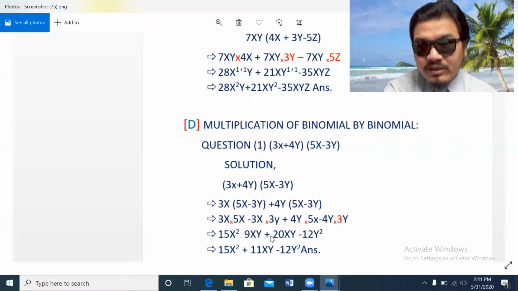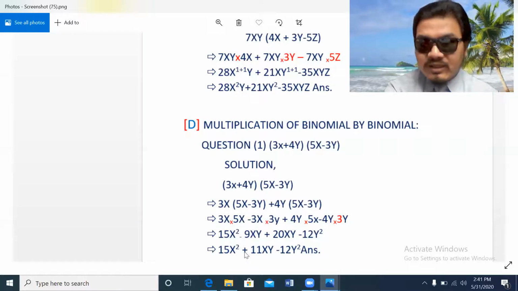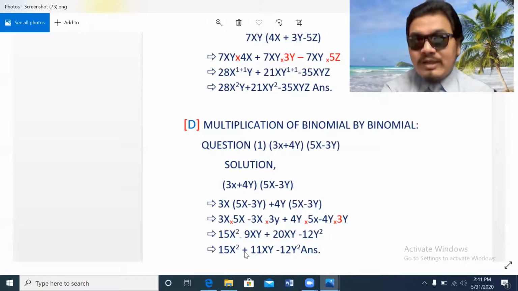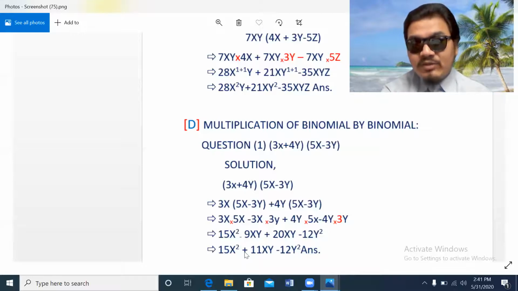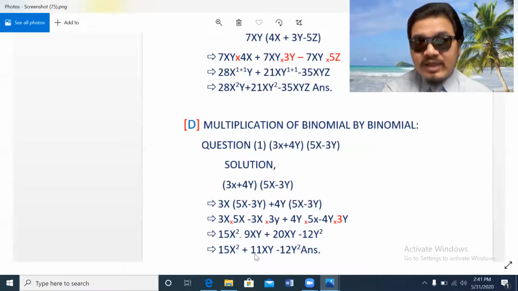This 20 is bigger, and 20 has a plus sign, that's why it will also have a plus sign. From where that value remains, that result will also take the sign of that one.